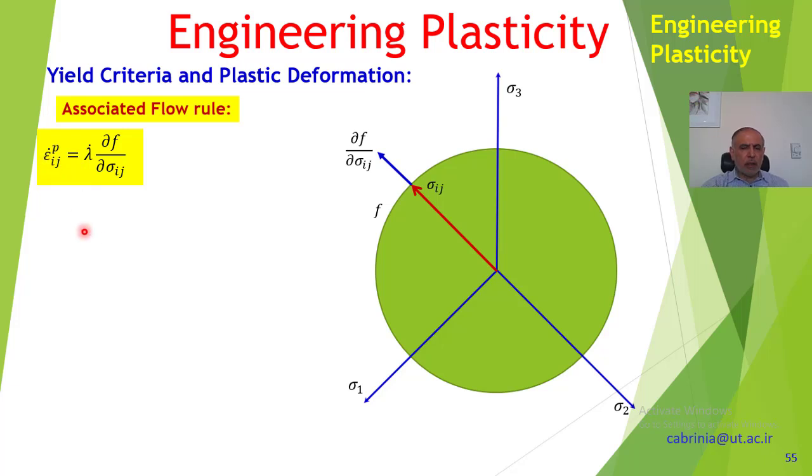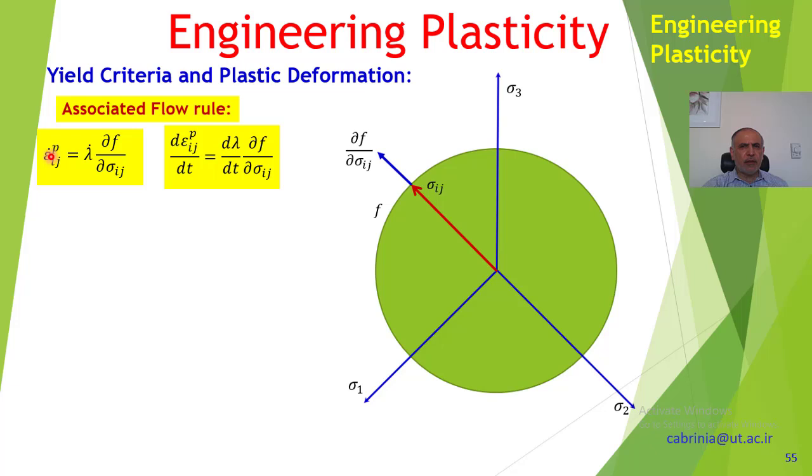What does it mean? Epsilon dot, let's have a look what it means. It means this: d epsilon ij p over dt, d lambda over dt, partial f partial sigma ij. Now, what is this? This is in fact the flow rule. Associated flow rule is this one, not the one I showed you before, because flow, what is flow? Flow is the material moving with a certain velocity.